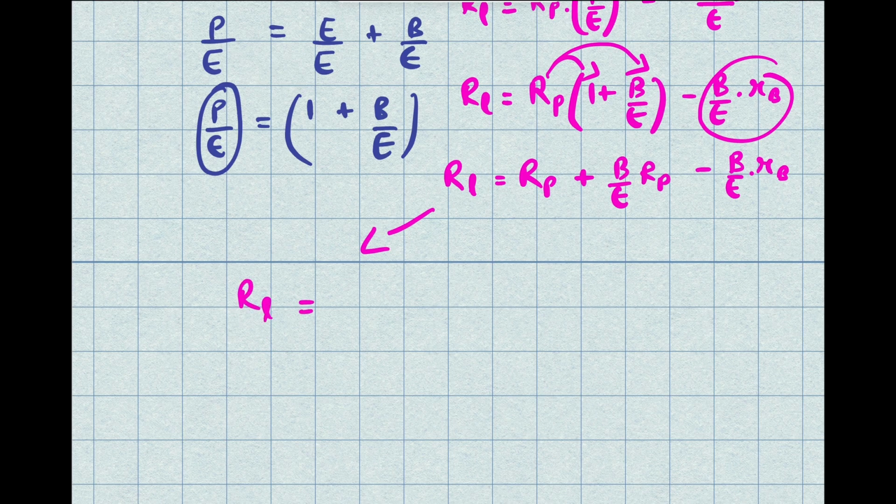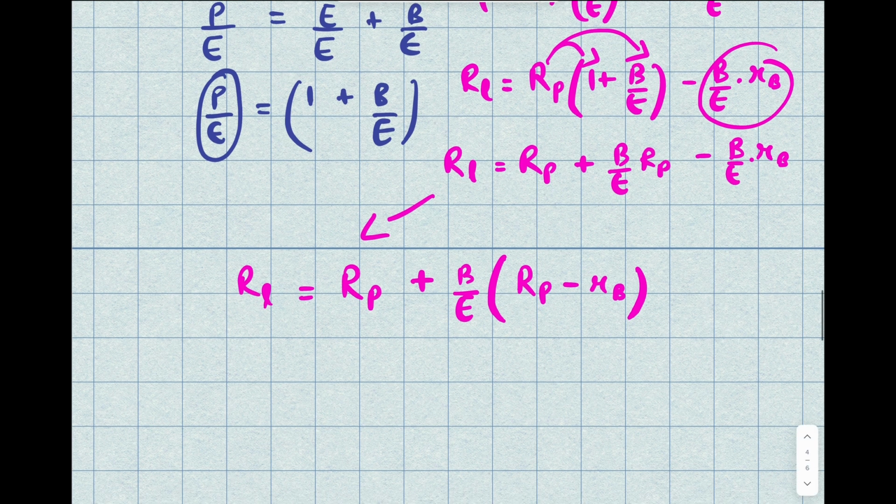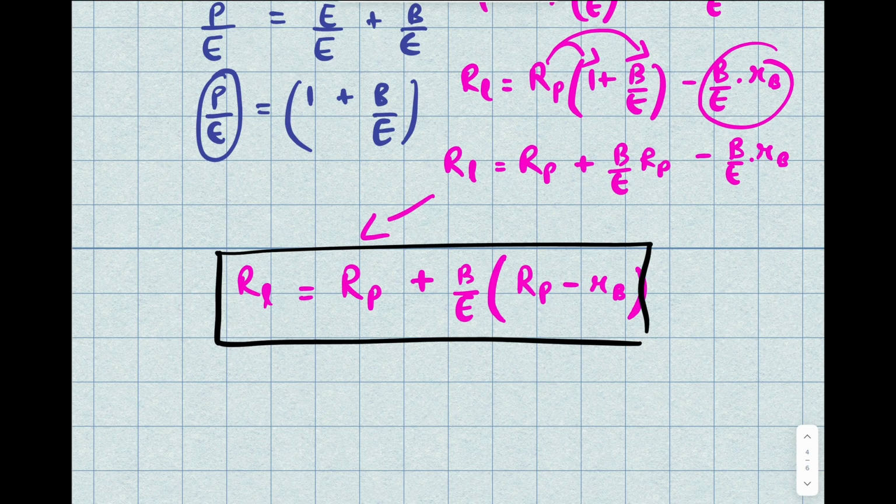RL is equal to RP, portfolio return, plus this B by E I'm going to take common. So B by E, what remains is RP minus RB. So this is the formula which is given in your book.